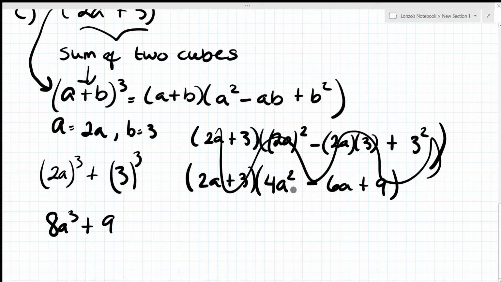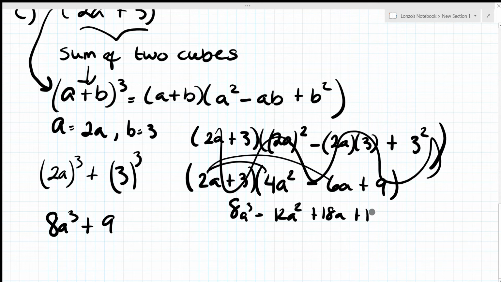so let's say you did FOIL this out, 2a plus 3 cubed. It's just going to take longer, but you're still going to get a cubed. Because when you FOIL this out, you get 8a cubed minus 12a squared plus 18a plus 12a squared minus 18a plus 27, right?